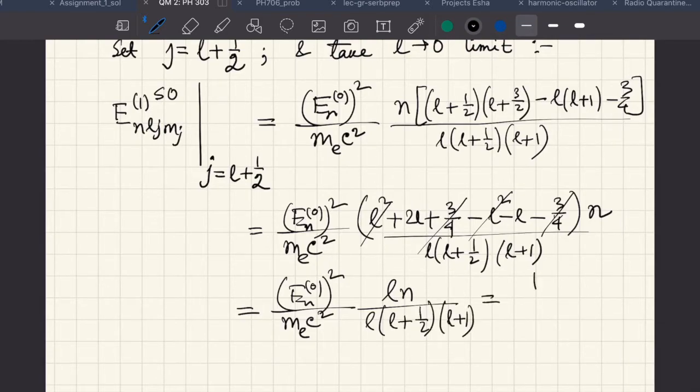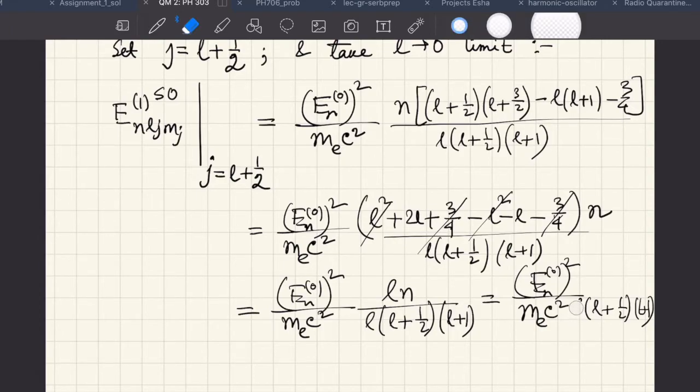Therefore this is nothing but En0 whole squared divided by m_e c squared, l into (l plus half) into (l+1), into n. Now of course this l will no longer be there, so l gets cancelled.